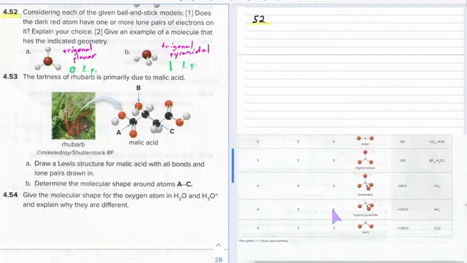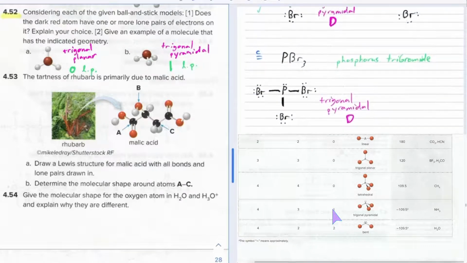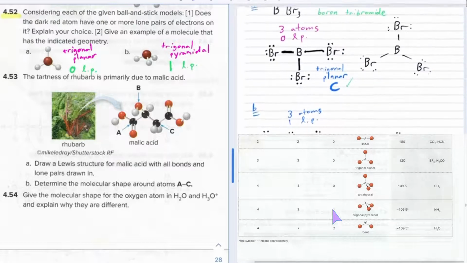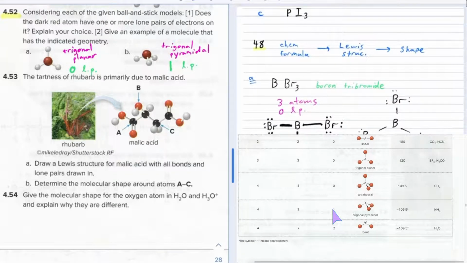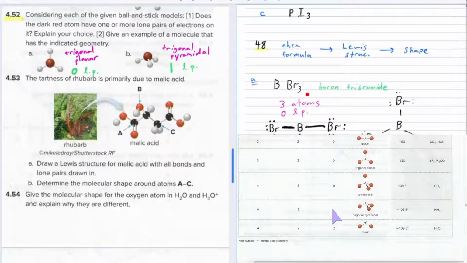Now as far as the second part, give an example of a molecule that has the indicated geometry. So give an example of a molecule that has this one, and an example of a molecule that has that one. We just saw examples of these back in problem 48. BBr3 has trigonal planar geometry.